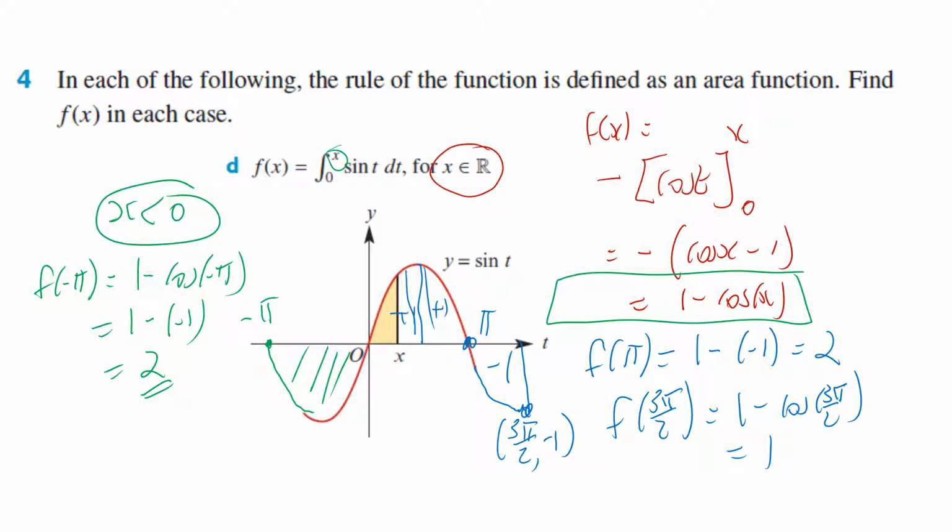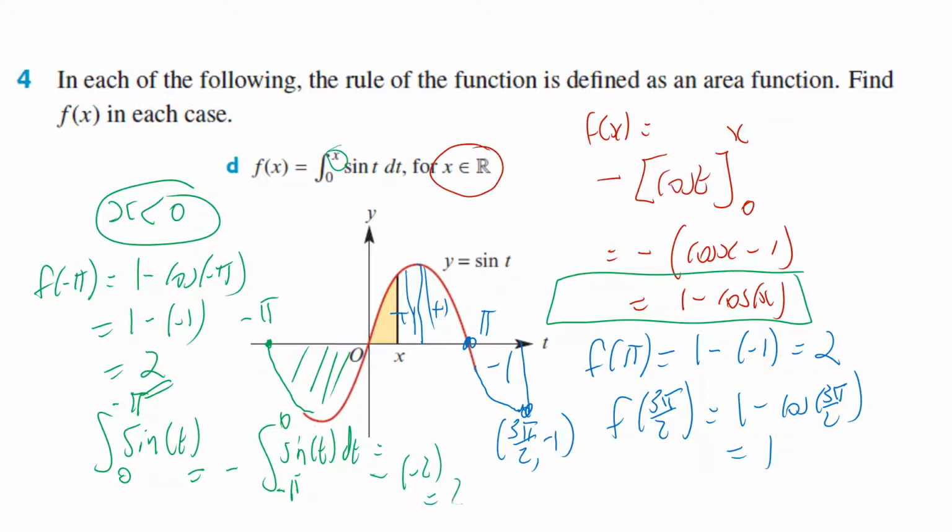What we're doing is integrating from minus pi to 0 of sine t, and getting the negative opposite of the integral from minus pi to 0 of sine t dt, which turns out to be negative of negative 2, which is positive 2. All right, so you get the idea, don't you?